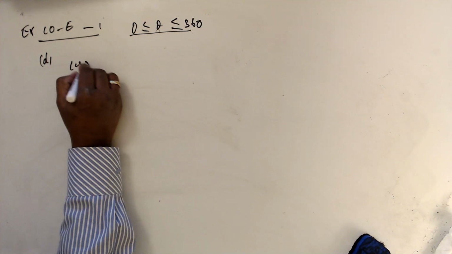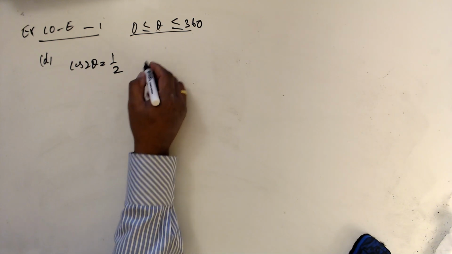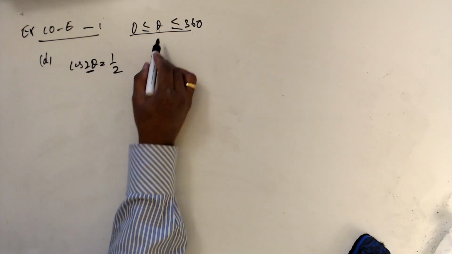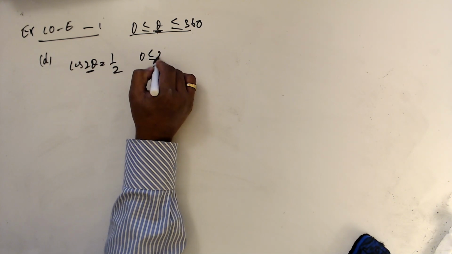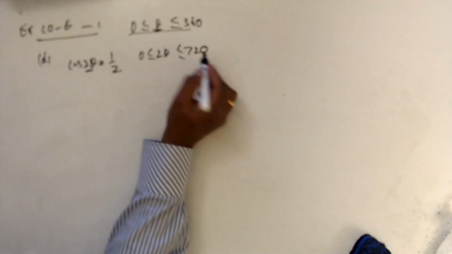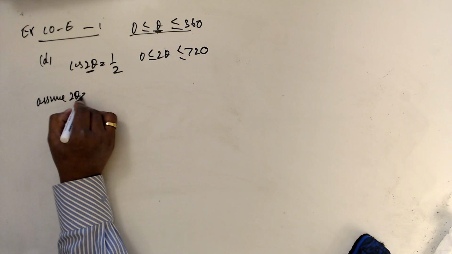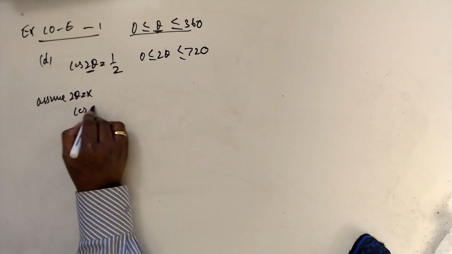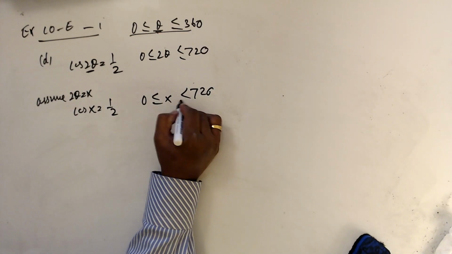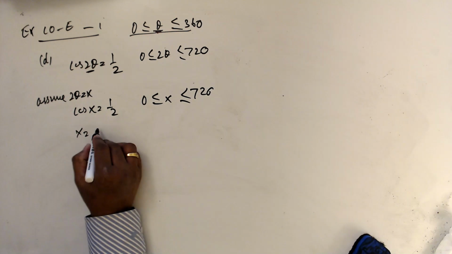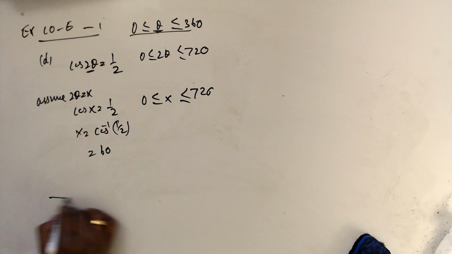Next one, cos 2θ is half. This is 2θ, this is θ, the range is given, multiply by 2, 0 ≤ 2θ ≤ 720. Now assume 2θ equals x, then I write cos x equals half, 0 ≤ x ≤ 720. x equals cos inverse half, which is 60.